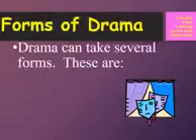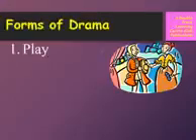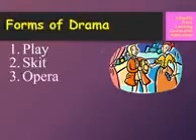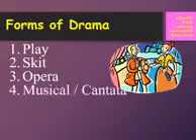What are some of the forms of drama? Drama can of course take several forms. These include the play. It can be a skit, which is rather shorter, an opera, a musical or a cantata, where you have music, singing and trying to perform the songs at the same time.